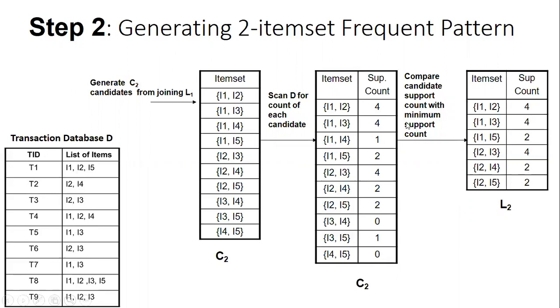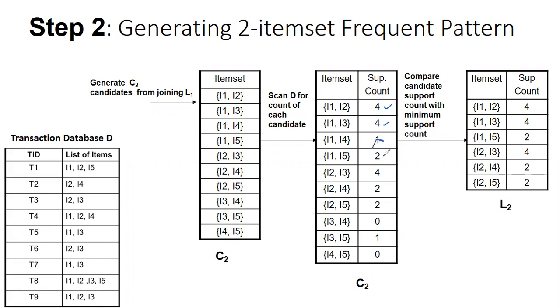So what is the condition? The support count of this item set should be greater than or equal to 2, the minimum support count. So 4 is more than 2. Item 1 and 2 together have a support count more than the minimum support count, so this gets selected, but this will not get selected.